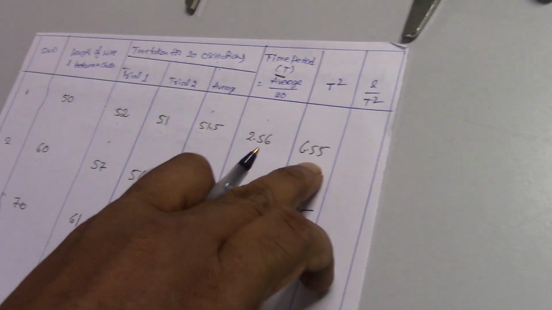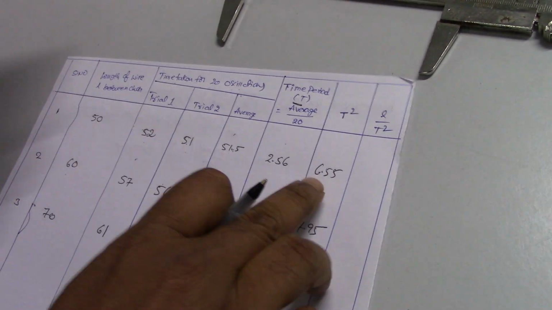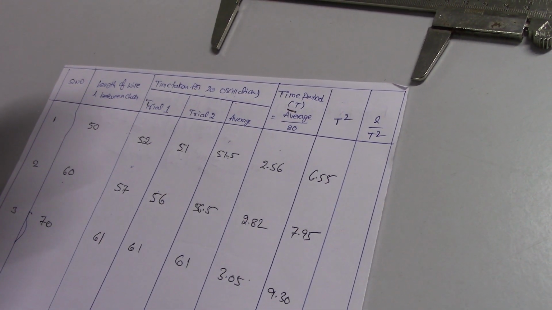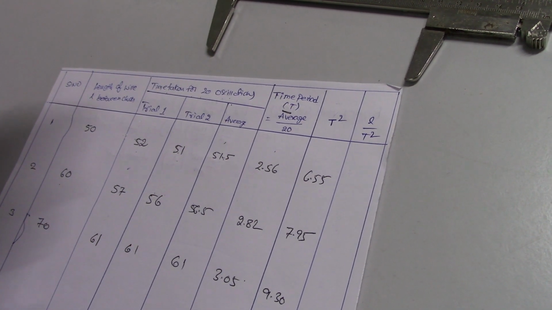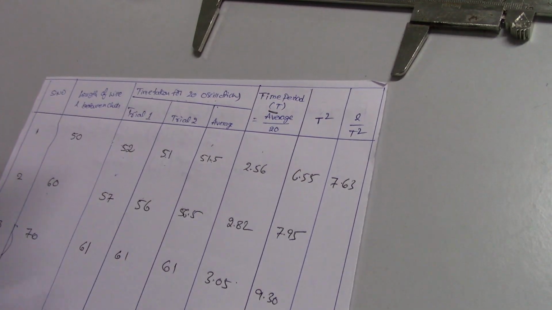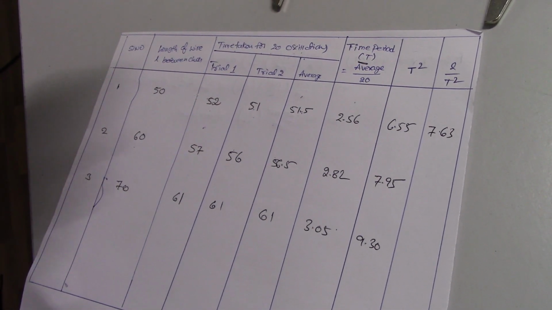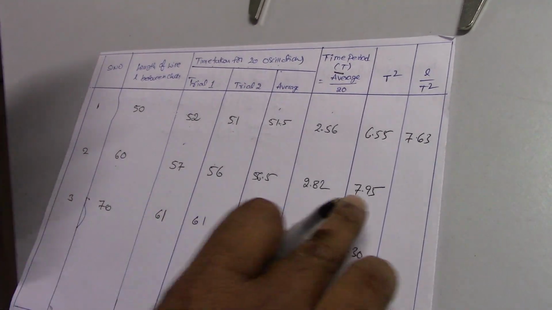Here you know students, for the first reading the L value is 50 centimeters, t square is 6.55. So calculate L by t square value. It is 50 divided by 6.55, so it is 7.63. Similarly, calculate L by t square for 60 centimeters.